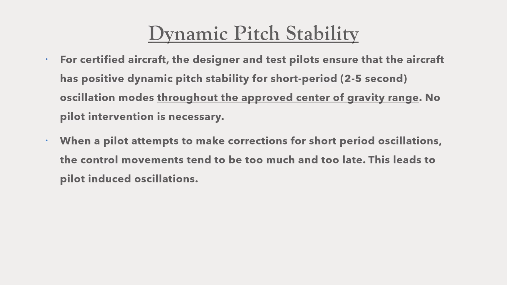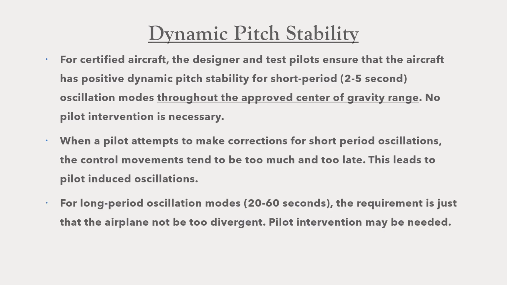By the time the pilot reacts to that by pushing forward on the yoke or the stick, the nose was already coming back down due to its own stability, and the pilot's input just causes it to go past the equilibrium mode by even more and create an unstable situation. This is called a pilot-induced oscillation. So the best thing to do if that starts happening is just to hold the controls steady and let things settle out.